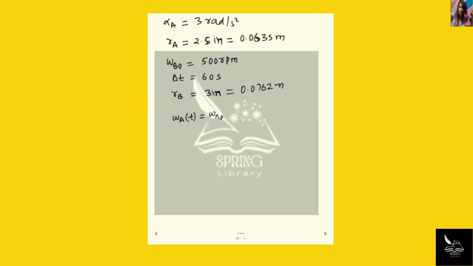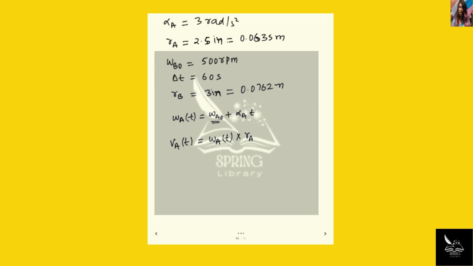Okay, so for disk A, we can write from the first equation of motion omega A t equals omega A naught plus alpha A multiplied by time t, where omega A naught is the initial angular velocity of disk A, which is equal to 0. So the linear speed of A, VA t, can be written as omega A t multiplied by RA.